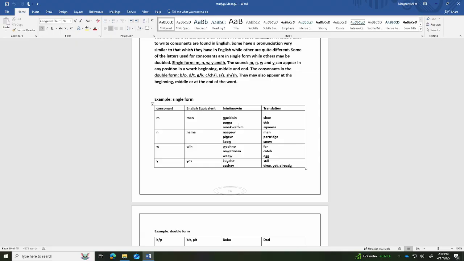And the consonant N, and in the English equivalent would be name. In the native language, nabil, meaning man. You could hear the sound at the beginning of the word, nabil.